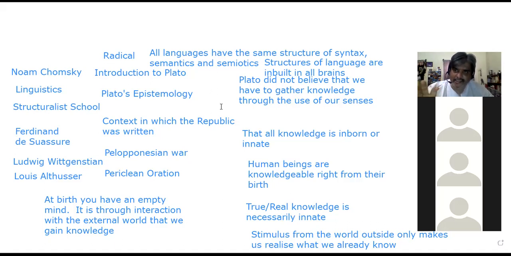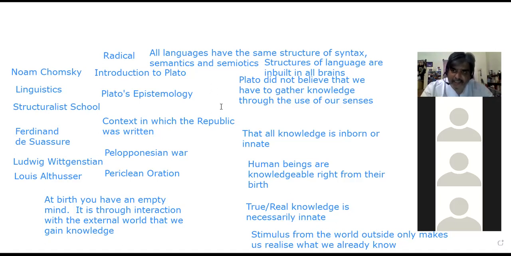So Chomsky believed that structures of language are already inbuilt. They need an external stimulus. All that they need is an external stimulus that will activate it. And it is possible for us to know many languages because all languages have an underlying similarity.